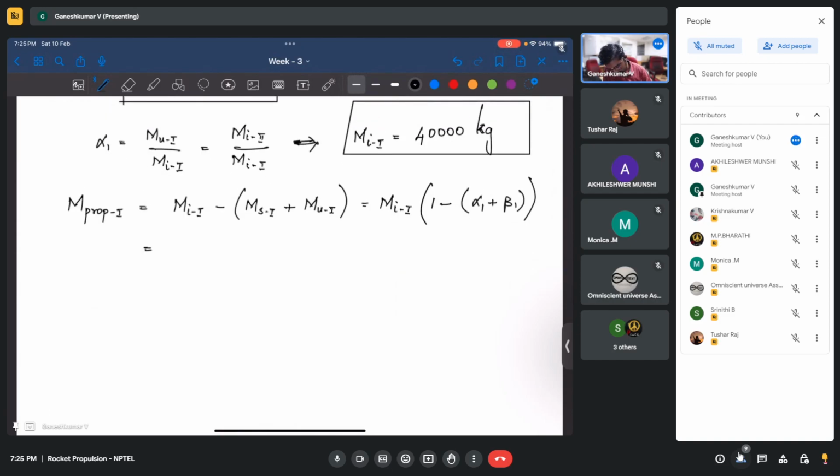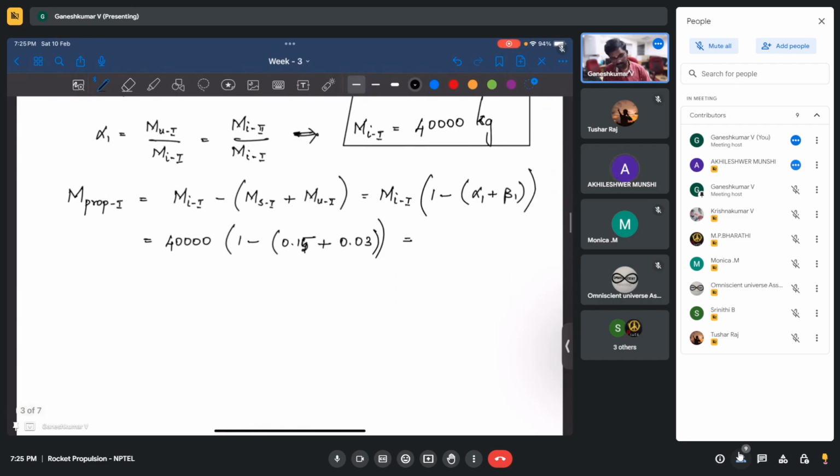So from here you can write this as 1 minus 0.15 plus 0.03. How much is this coming out to be? 32,800 kgs. This is the mass of propellant you need at the first stage.